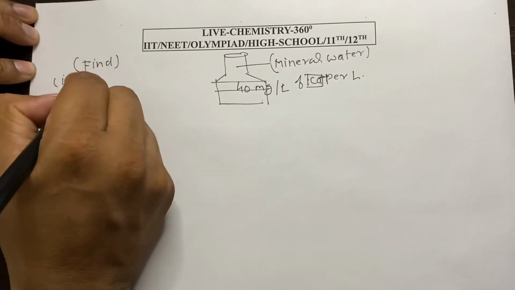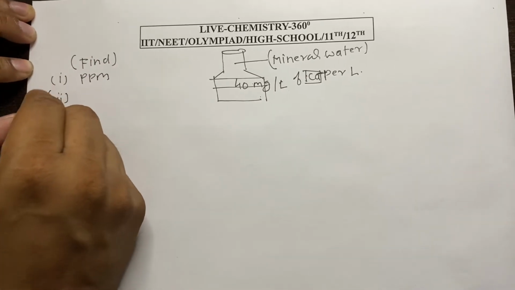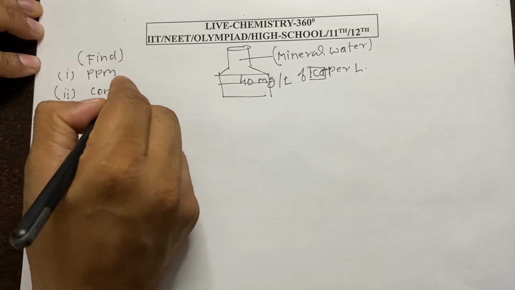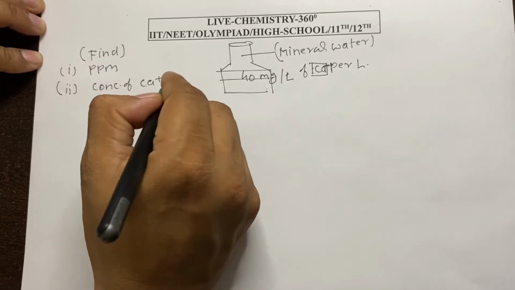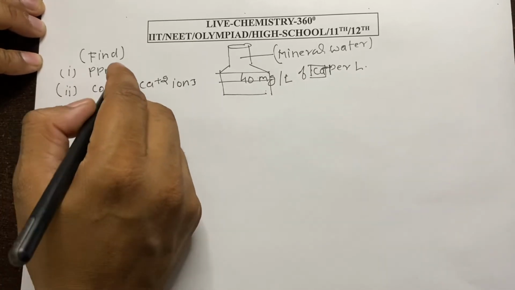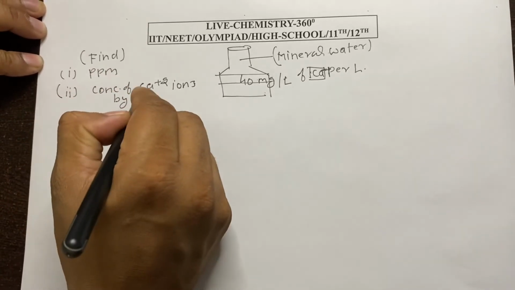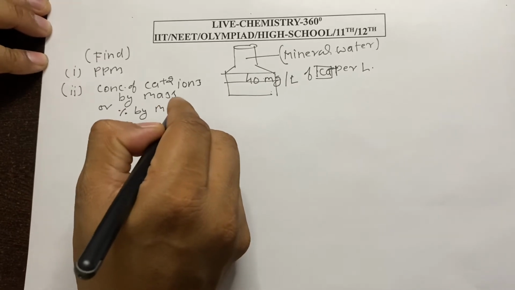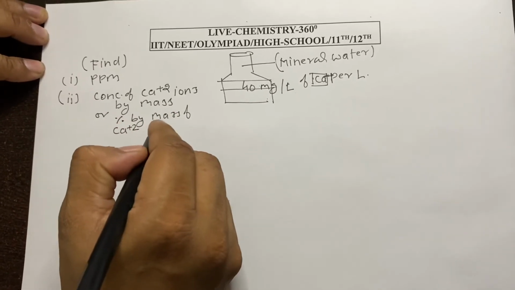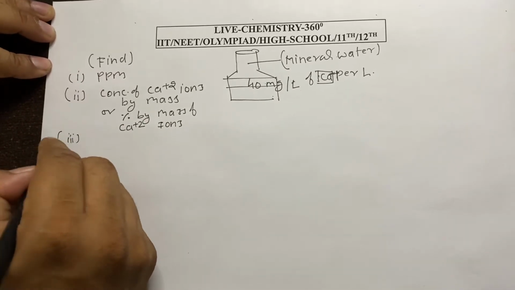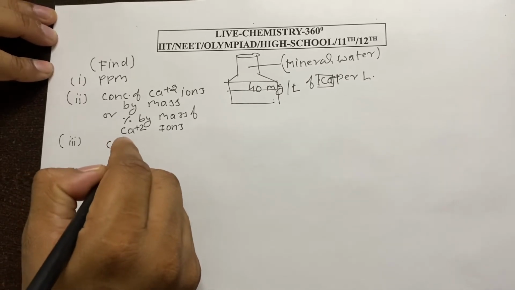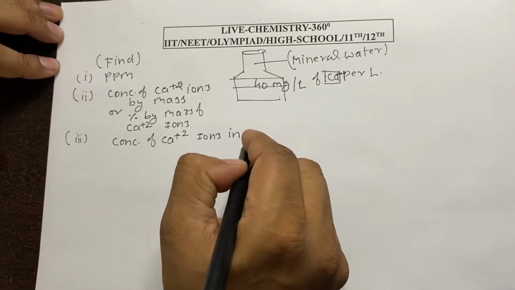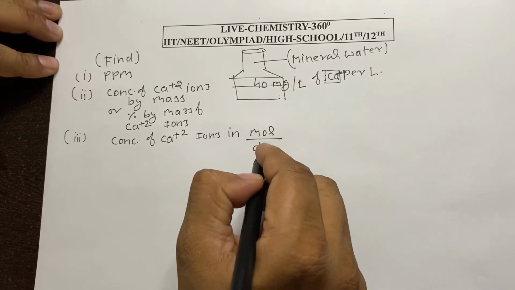Find number 1, ppm; number 2, concentration of Ca+2 ions by mass, or we can say the percentage by mass of Ca+2 ions; and number 3 is the concentration of Ca+2 ions in mole per dm3.